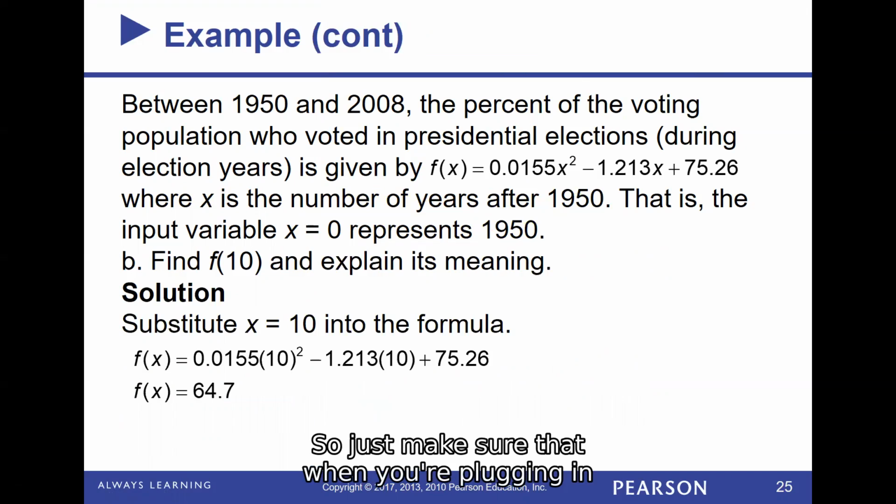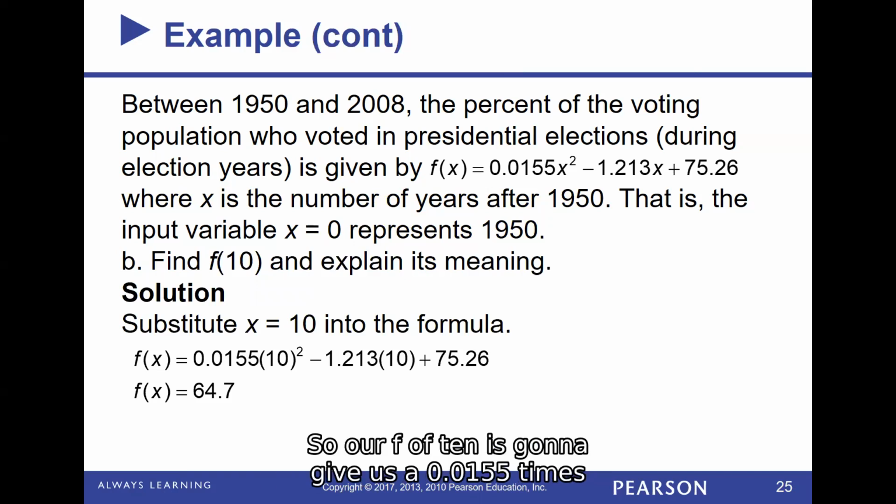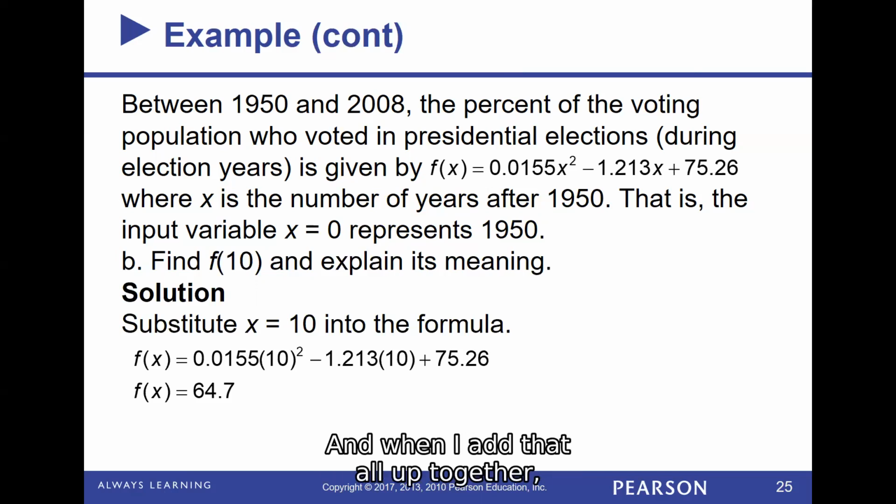Just make sure that when you're plugging in for the variable, you put parentheses around it. So f of 10 is 0.0155 times 10 squared minus 1.213 times 10 plus 75.26. When I add that all up, everybody should have gotten 64.7.